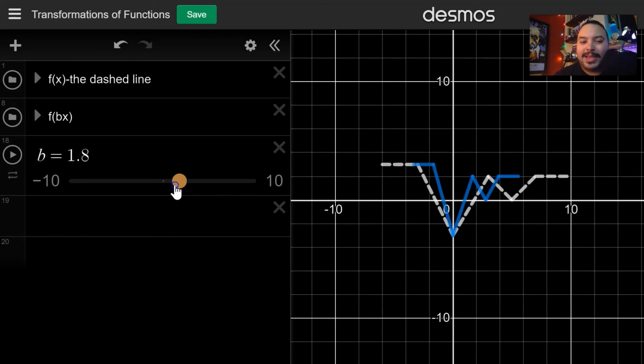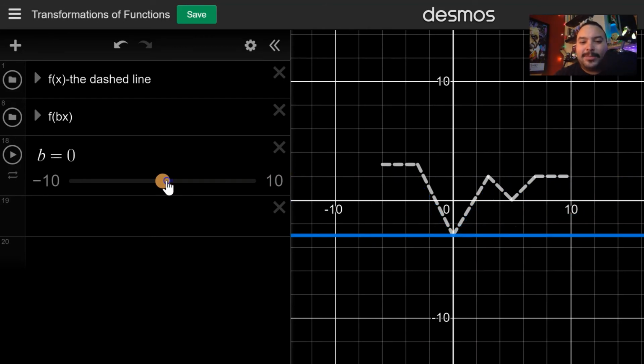Now, as we make b a value that's between 0 and 1, like 0.9 here, 0.7, you can see it's getting stretched out horizontally, like it's being pulled apart like taffy. If we make b equal to 0, just like when a is equal to 0, it totally flattens out our function.